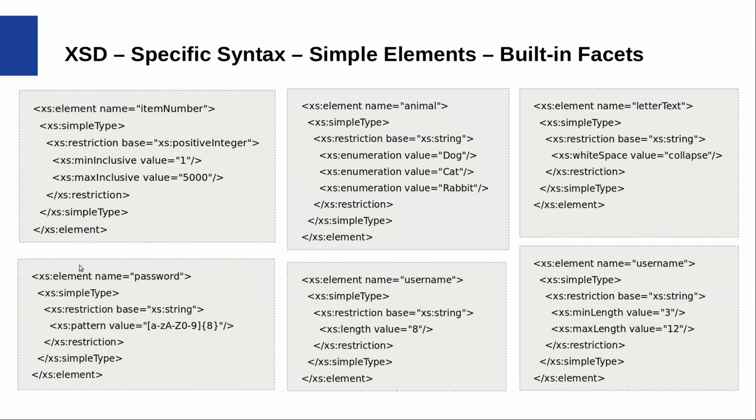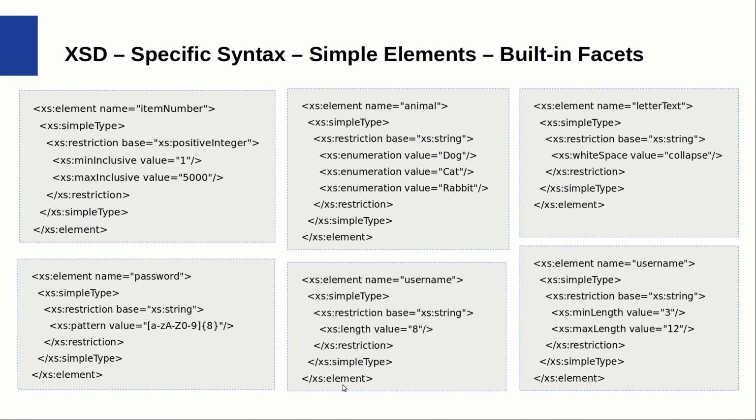And here we have a password element with a simple type element with a restriction element of base string, and as the facet nested to the restriction we have a pattern element with a value being a simple expression language that accepts an 8-digit value, which can be a sequence of lowercase chars, uppercase chars, or even numbers from 0 to 9. So this is another facet, the pattern facet.